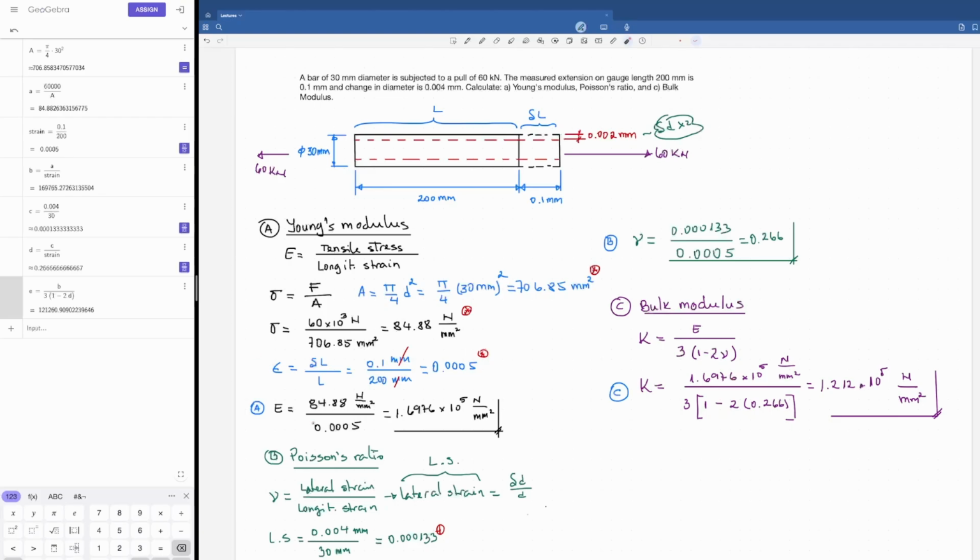All the data is given. For Poisson's ratio, we know that it's the relation between lateral strain and longitudinal strain. We just need to calculate the reduction in the diameter as a ratio, which is given here, and then apply the formula, and we got it done. Finally, bulk modulus is just substituting values because all the ingredients are already calculated. So this is the end of the problem, and we will see each other in the next problem.